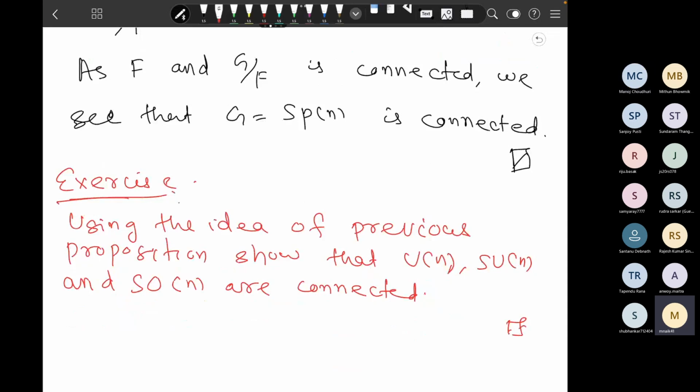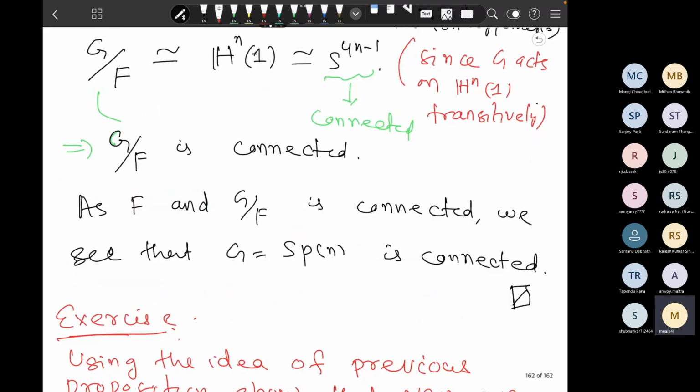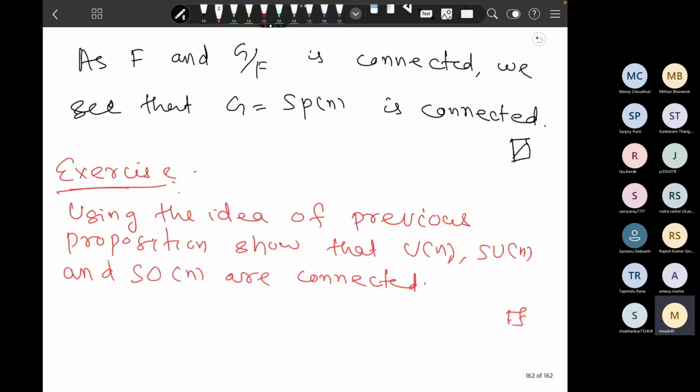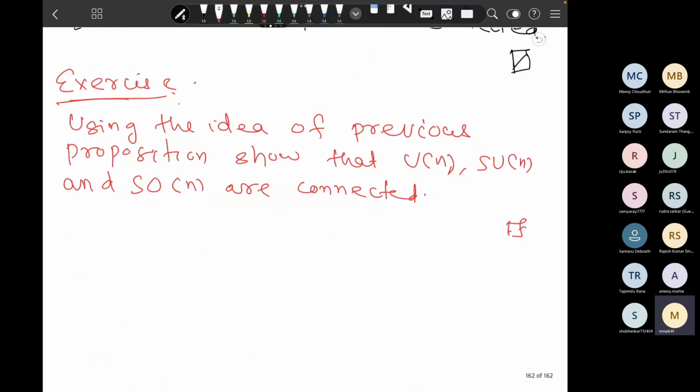Another thing is that we will need at most 2 classes to finish this classical Lie group topic, and then we will move to Riemannian symmetric spaces.